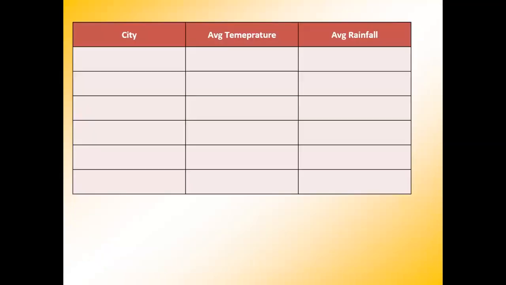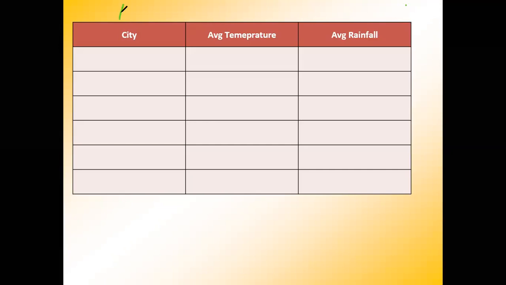So in your notebooks, make this table: city, average temperature, average rainfall. One more thing I want you all to do, which I have not done over here, is to write the month. So write month: May.